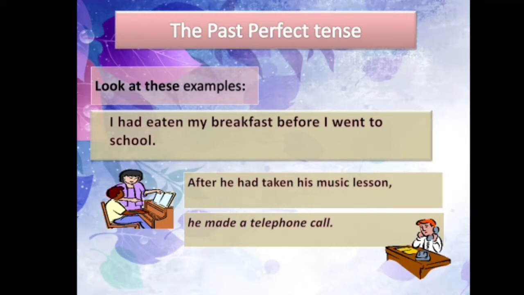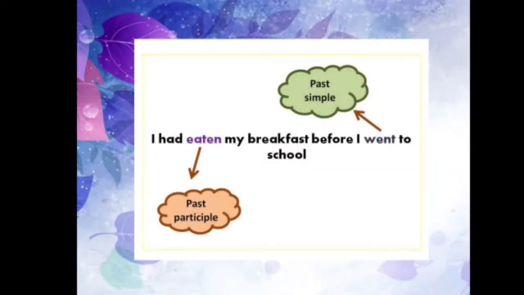This is number 1, and it started and finished before the second action, which is I went to school. So the past perfect simple tense is used here to talk about something started and finished, happened in the past before another action started also in the past.